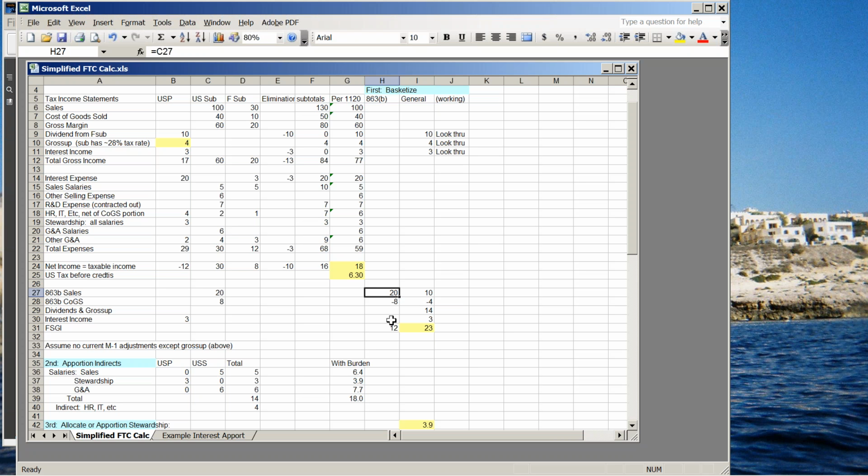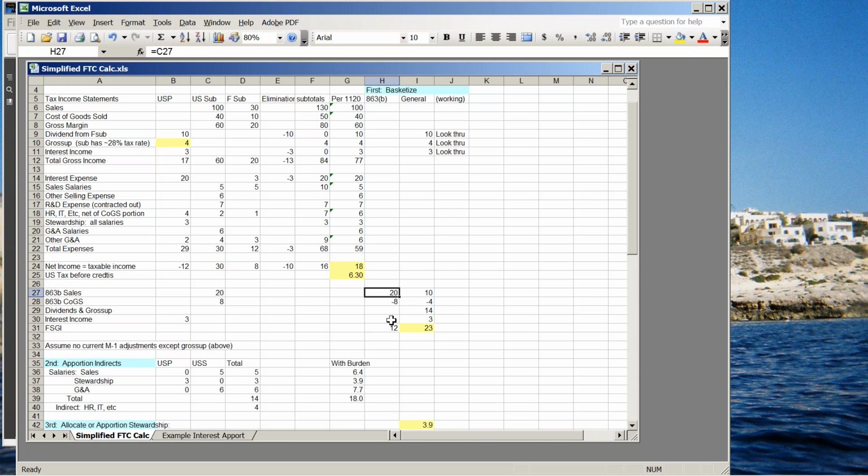Because all they have to do is generate a report of sales and cost of goods sold by destination, and then you have to find out what company policies are like for title passage. So this is all stuff that can be obtained, and it's pretty easy to deal with.